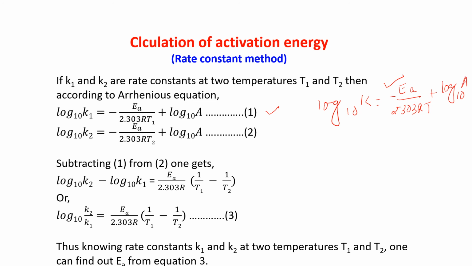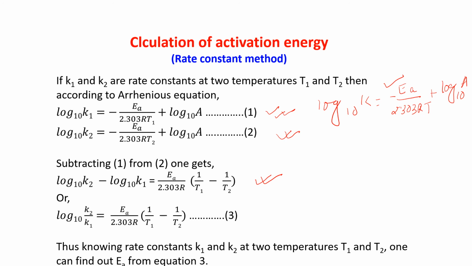Now for the values K1 and T1, I get equation 1, and with K2 and T2, I get equation 2. Now subtracting 1 from 2, we get log10 K2 minus log10 K1 is equal to Ea by 2.303 R times 1 by T1 minus 1 by T2.